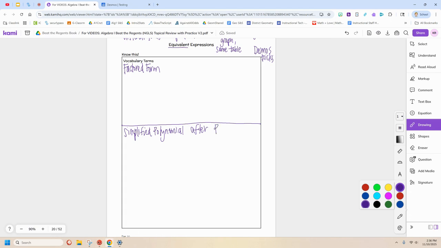So I'm just going to put after PEMDAS, because those are our operations. It's not quite as hard as that, but it's a nice abbreviation. And then our last category of equivalent expressions falls under expressions with exponents.